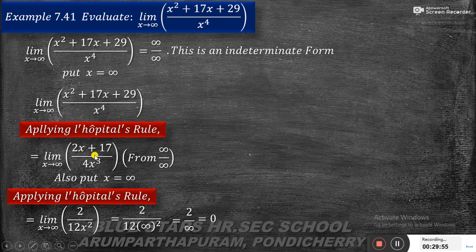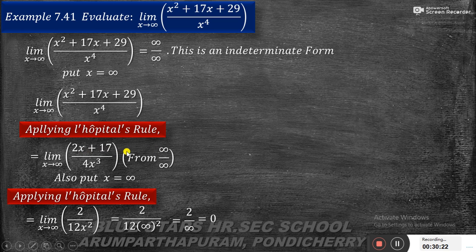Again I apply the limit, putting x equal to infinity. 2 into infinity is infinity, and infinity plus 17 is infinity, because multiplying or adding any number with infinity gives infinity.